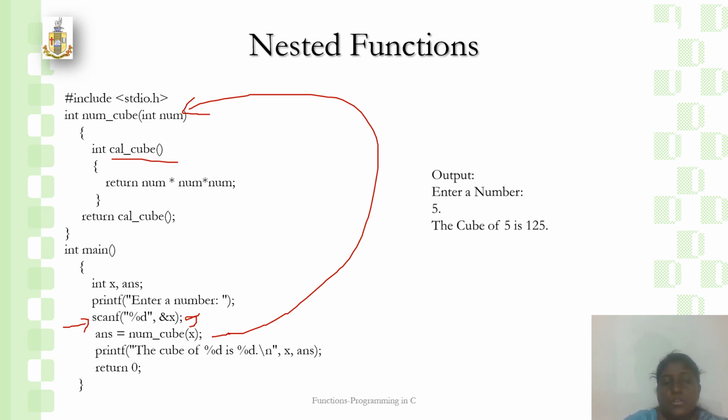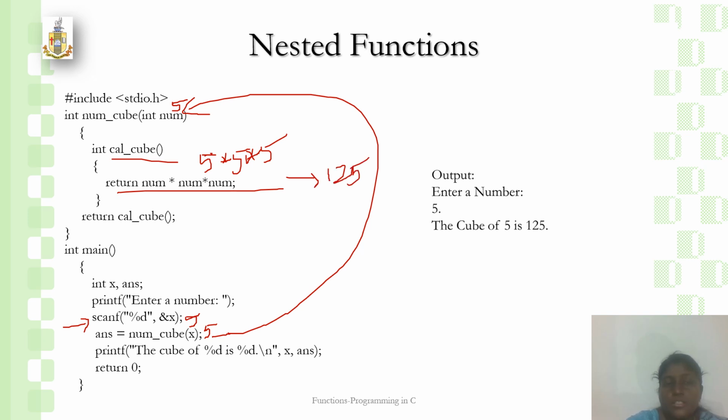So num_cube: x will hold the value 5, so here the num value will become 5. Inside this we are returning the value num * num * num, so 3 times. So it is 5 into 5 into 5, which is 125. It is returning the value 125.